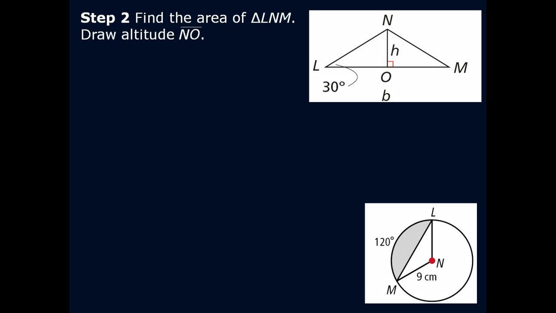And then for step 2, we want to find the area of triangle LNM. We want to draw altitude NO. We know this is a 30-degree angle.